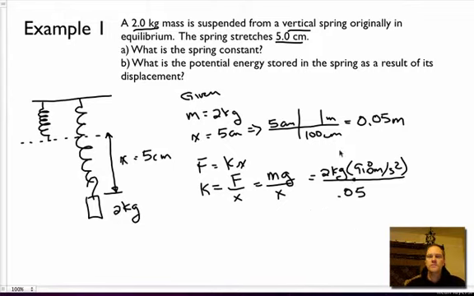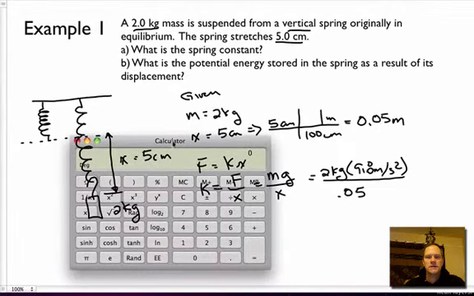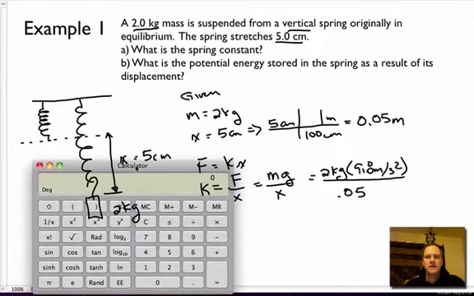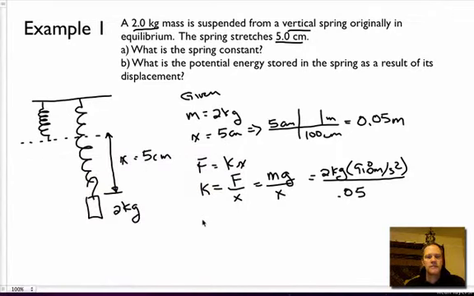So if we put that into our calculator, 2 times 9.8 divided by 0.05 is 392. So we have a k of 392 newtons per meter. So that's our answer to part A.